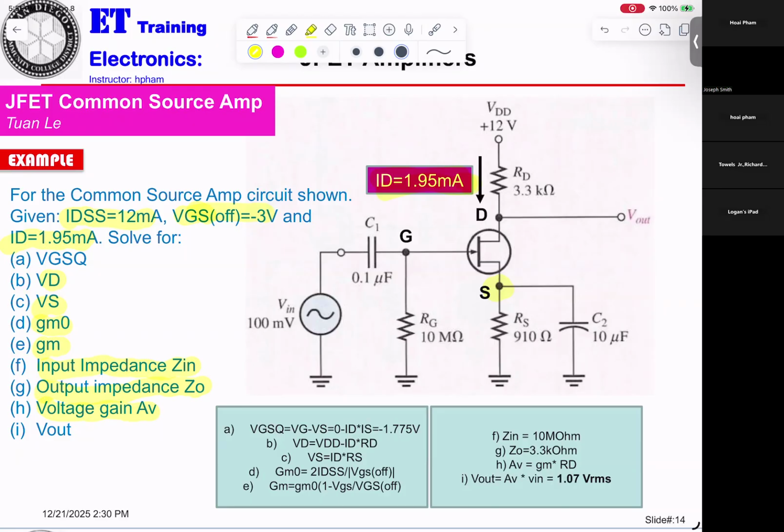I think they already solved it for you: A, B, C, D, E, F, G, H, I. They already calculated everything. Try to exercise that. Can you get the same answer or not?